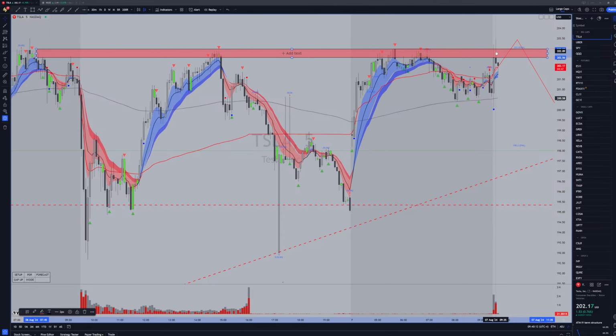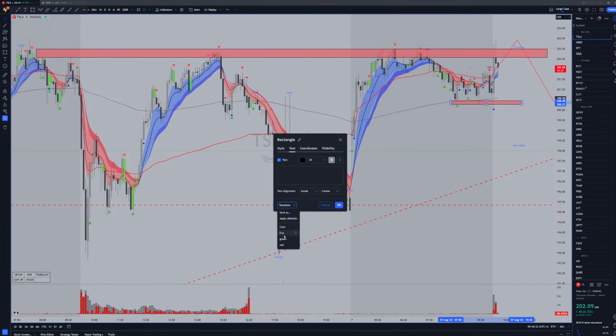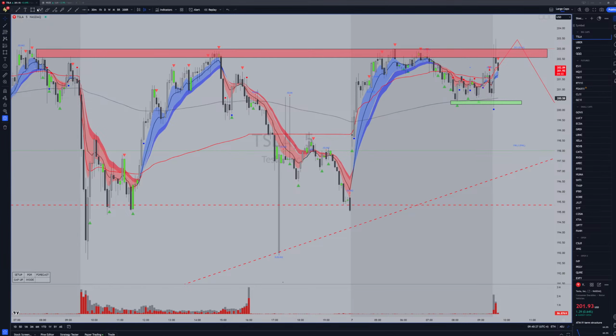So we're looking for this to unwind now. Where's the target? 200, this area down here. So that's the support or buy area. And up here, we're gonna have our risk. Okay, team? That is our play for now.